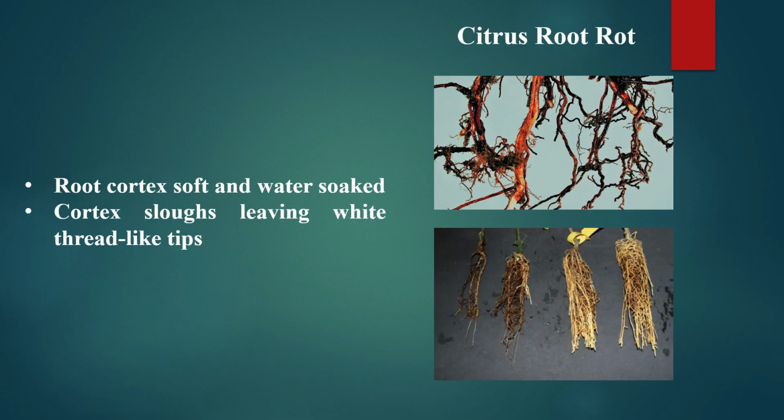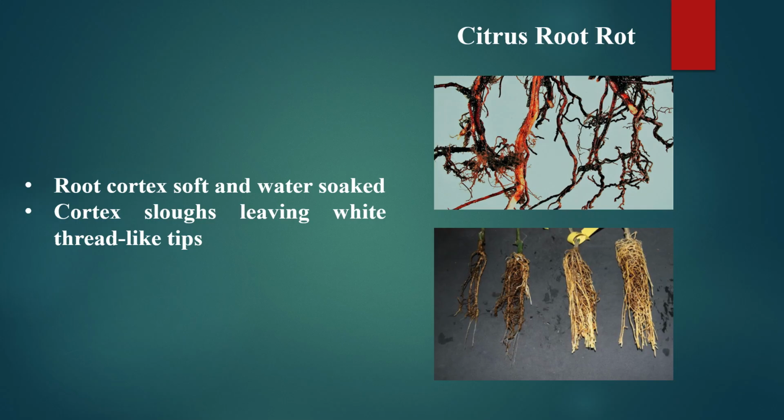One of the most dangerous Phytophthora citrus diseases is citrus root rot. The infection by Phytophthora begins in the roots, and the roots after the infection become soft and dark due to the enzymatic degradation of the plant cell wall by Phytophthora.